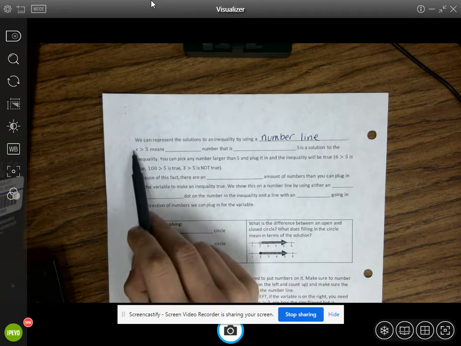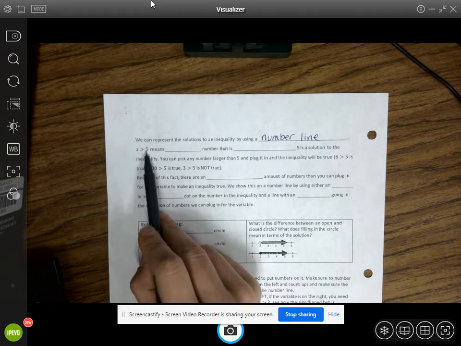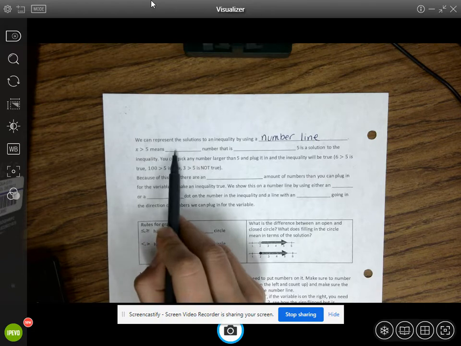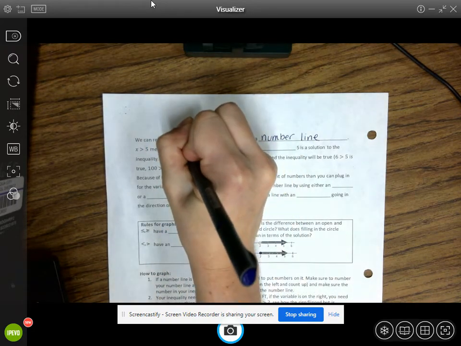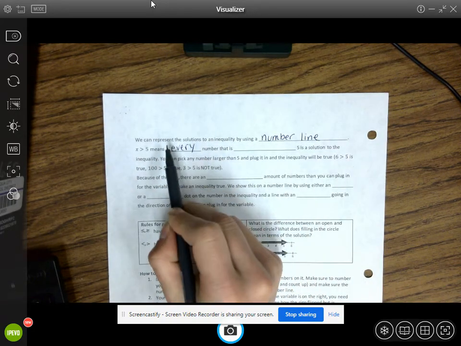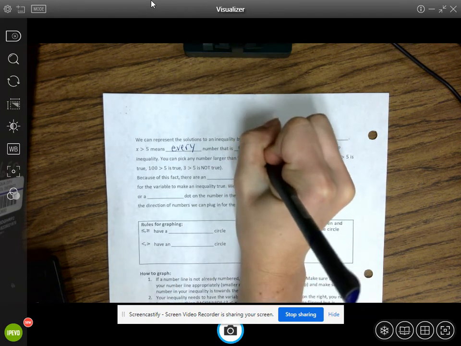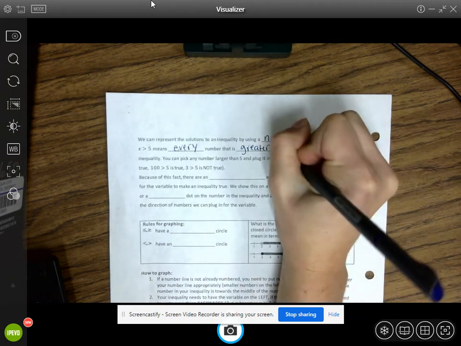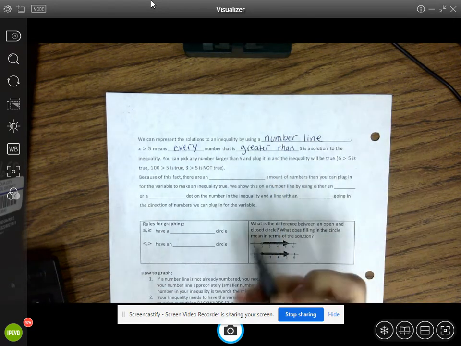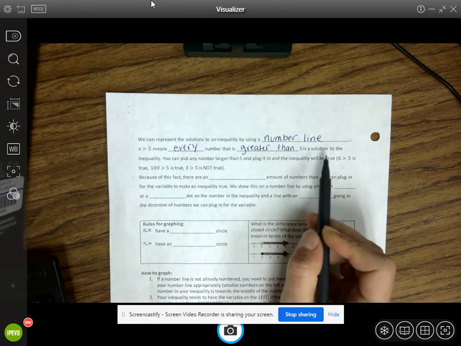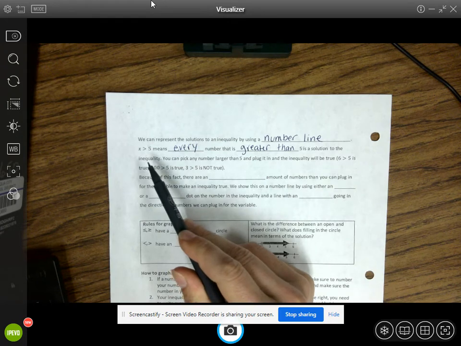So when we have x is greater than 5, that means every number that is greater than 5 is a solution to the inequality.